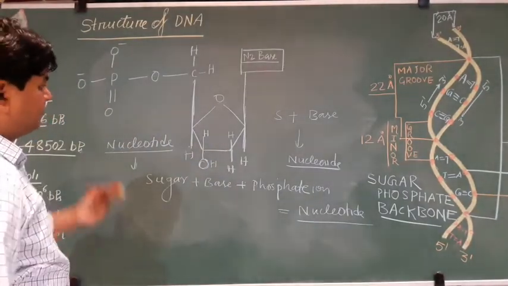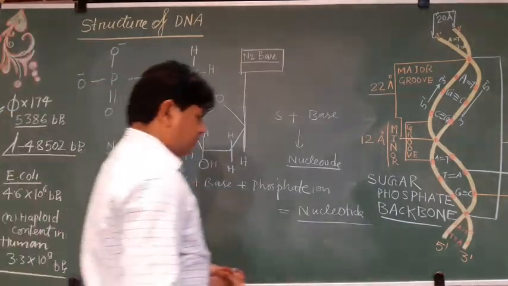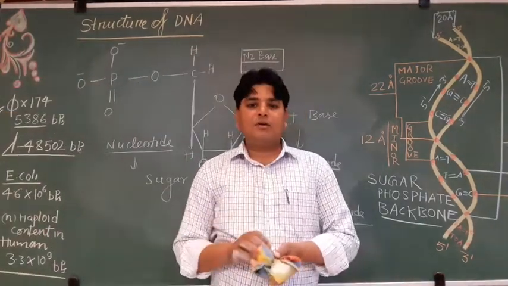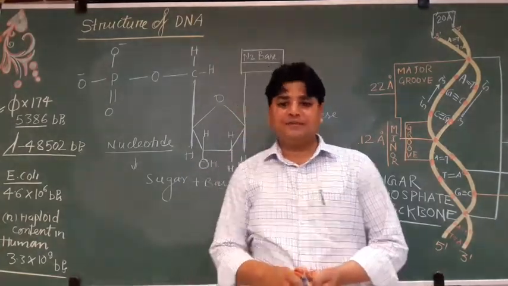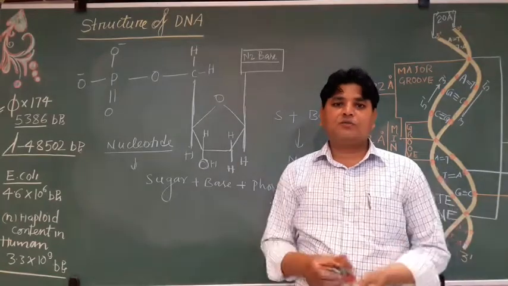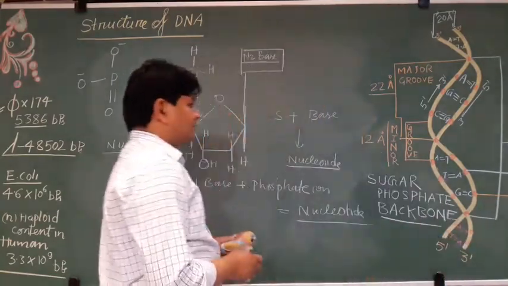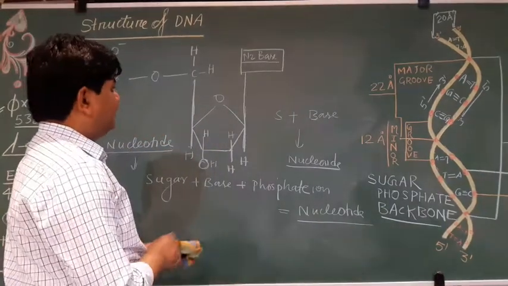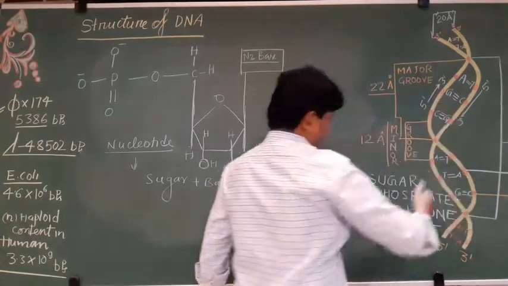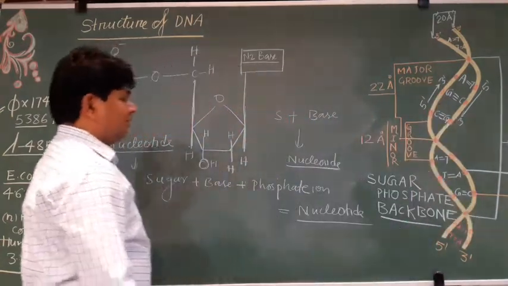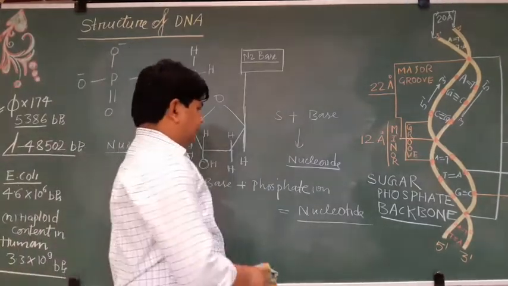So just look at this. This is a nucleotide. A nucleotide is just the monomer of DNA. Many nucleotides combined together form this long chain structure, and that's why it is called polynucleotide. The two strands are anti-parallel in nature, so this is called a double helical structure.